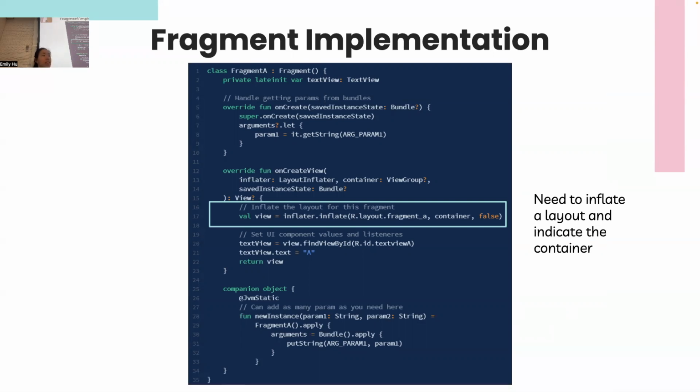The only thing different from a normal activity is that you also have to specify the container. The container is essentially the space, the box where you want the fragment to go. You can also put text views in it, and everything else works like a normal activity. The inflate container is the only difference.